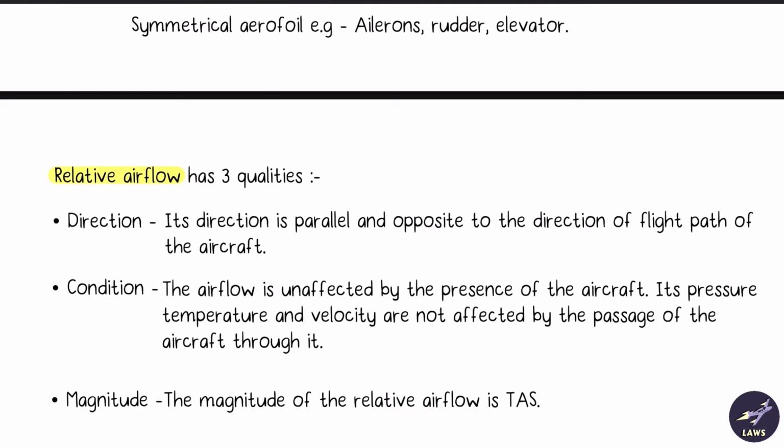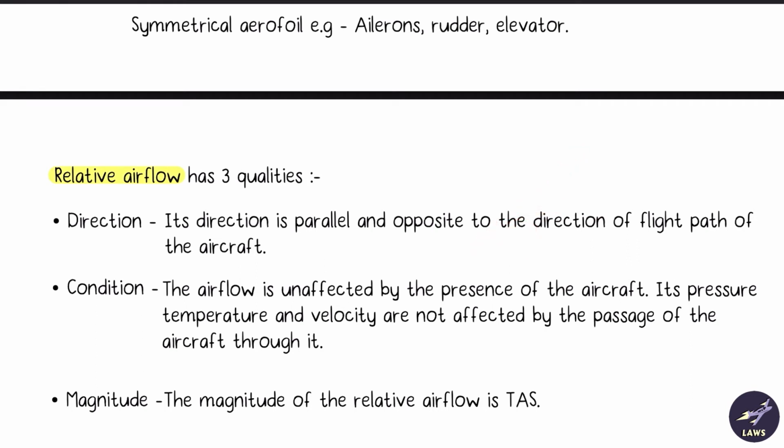Relative airflow has three qualities. Its direction is parallel and opposite to the direction of the flight path. If the aircraft is going in this direction, this will be the relative airflow. If the aircraft is climbing, the relative airflow will be again opposite. If it is descending, similarly, this will be the relative airflow.